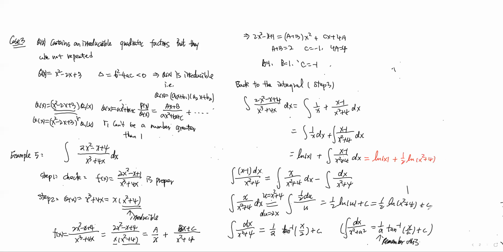I will not write the absolute value here. Let me label it: this is this term, and this is this term. Anyway, the computation is quite clear. So this is our final answer for case 3.